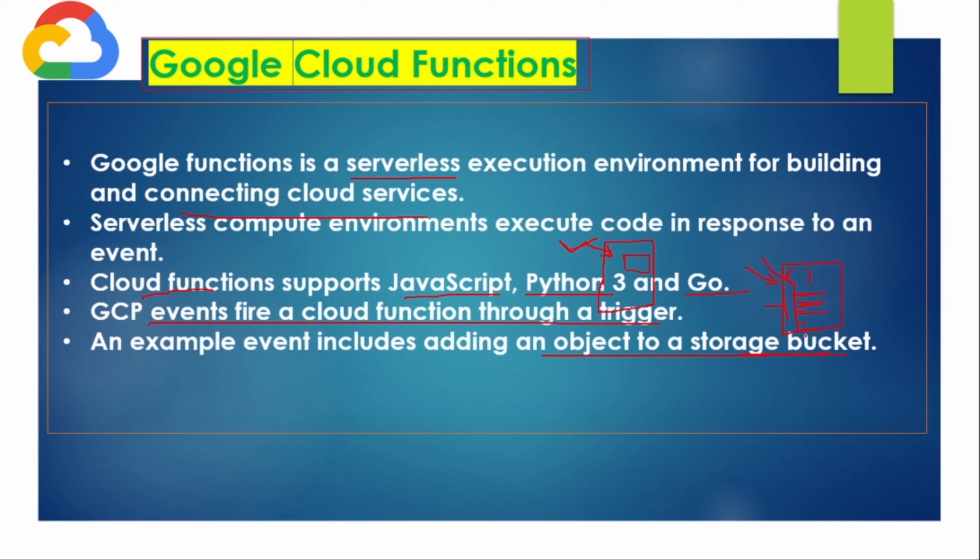This event will be triggered when you upload an image, and it will know that there is a trigger that you have generated. It will treat it as an event and start running the code. After running the code, the output will be stored in the storage bucket. So the trigger connects the event to the function. Okay, that's about Google Cloud Functions.